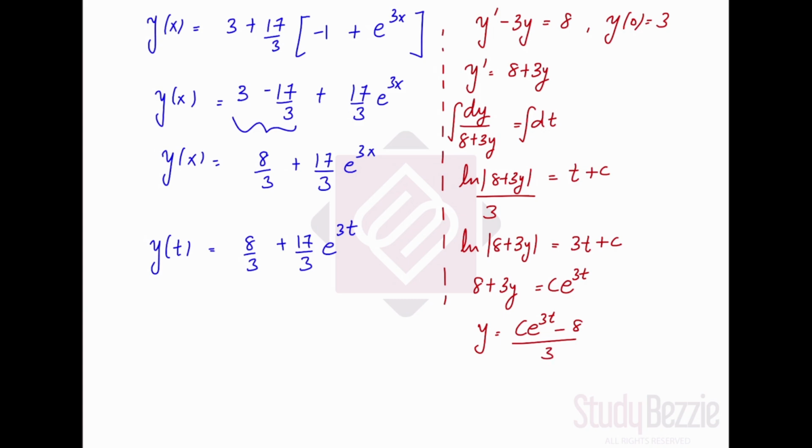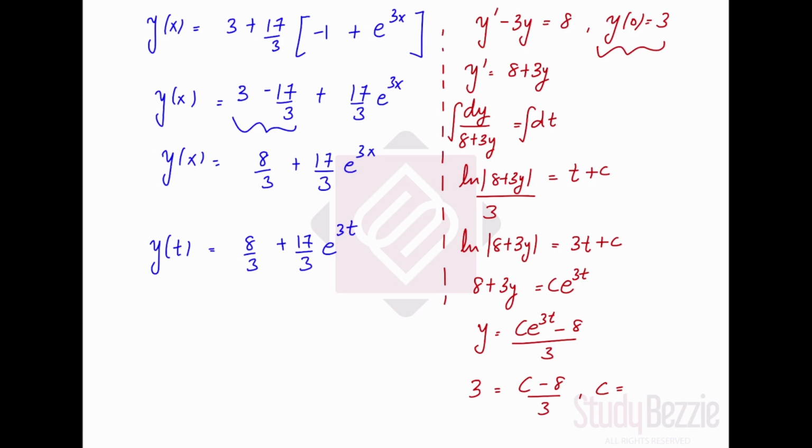That's the general solution. Now we know the initial condition y of 0 equals 3. If you plug it in to solve for C, you get 3 equals C minus 8 divided by 3. So that would mean that C needs to equal, then 9 must equal this.